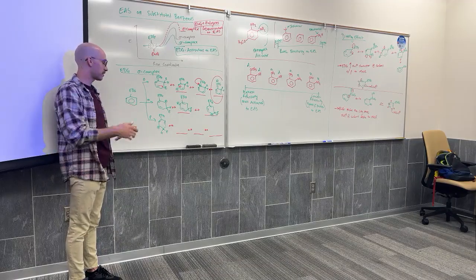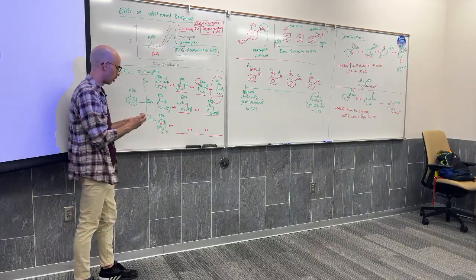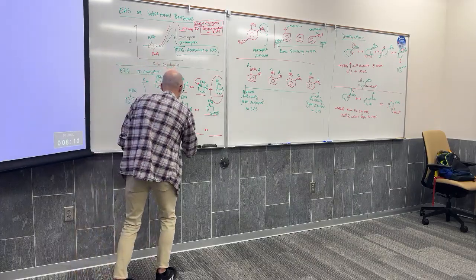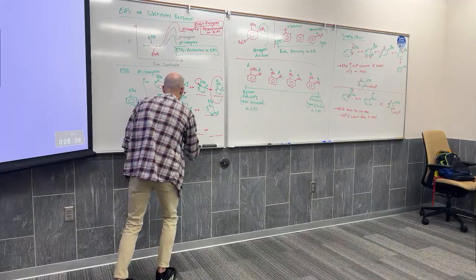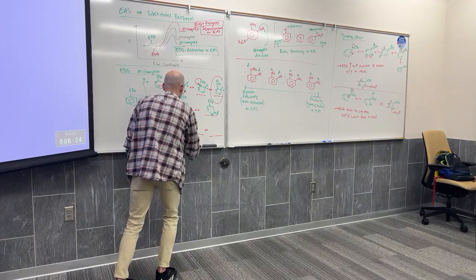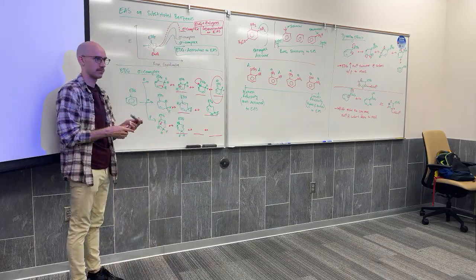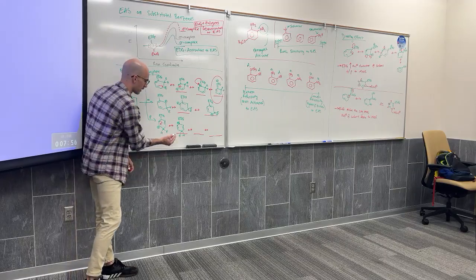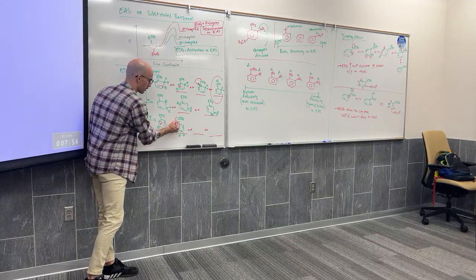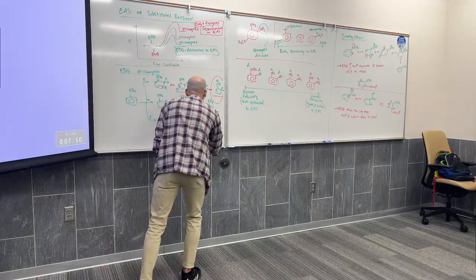Now, when it's para, lone pair moves, I get this resonance form where the carbocation is right next to my electron donating group. Which means that the electron donating group can share its lone pair and create a double bond.